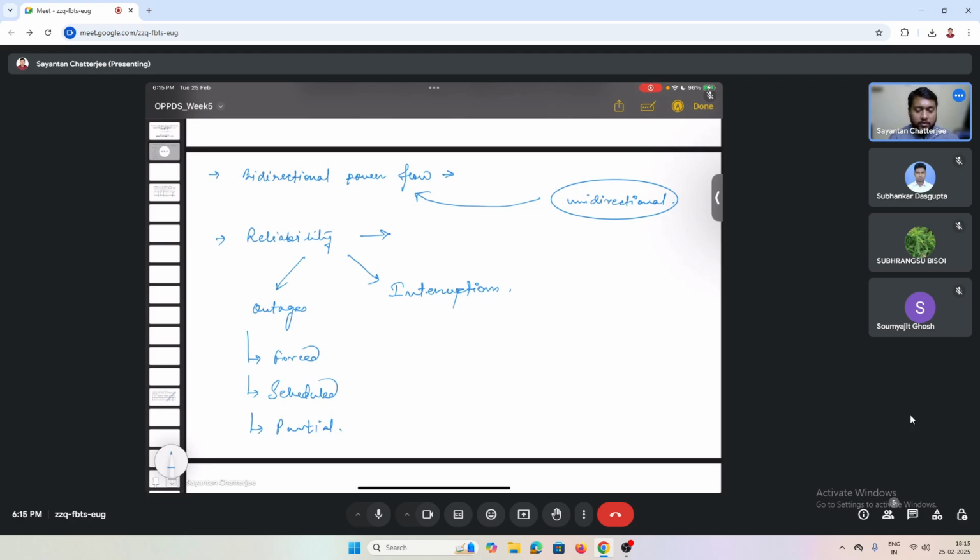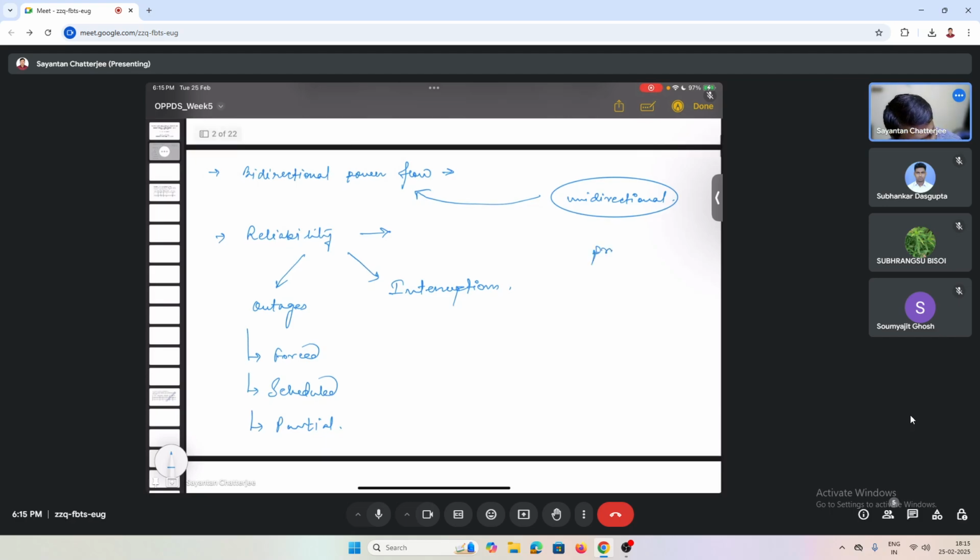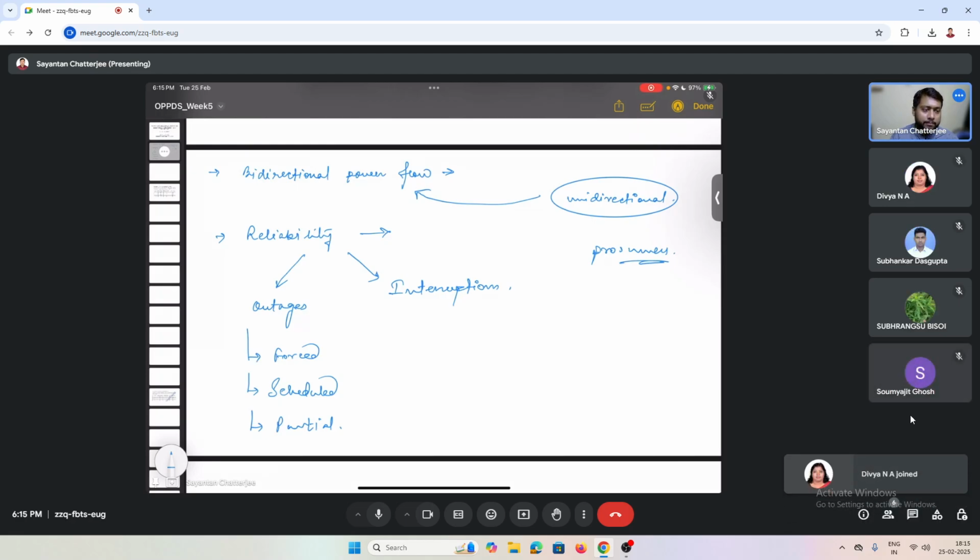Bidirectional power flow is enabling these customers to become prosumers, right? Here some outages need to be scheduled, and some are forced outages. These are categorical classifications of how outages are faced on the distribution side. As we all know, there are a large number of topological changes.